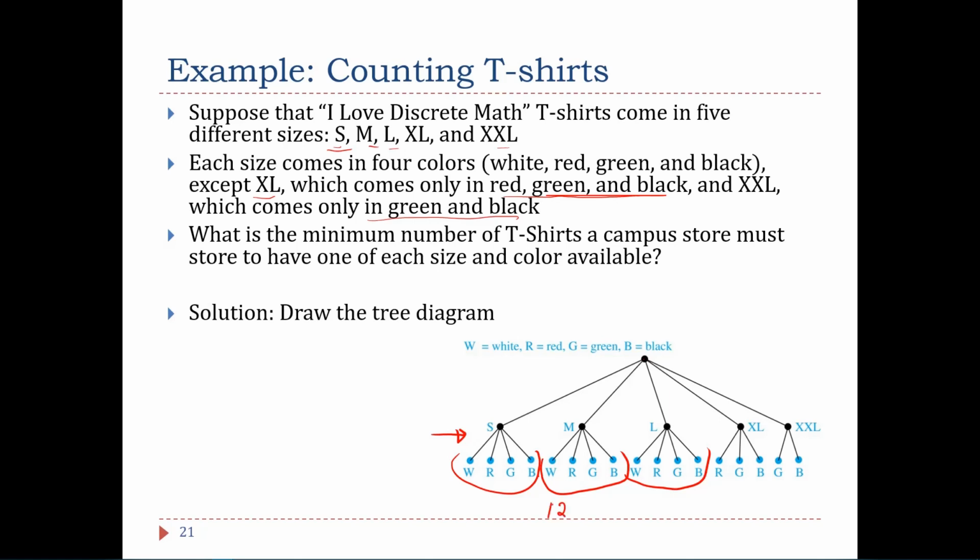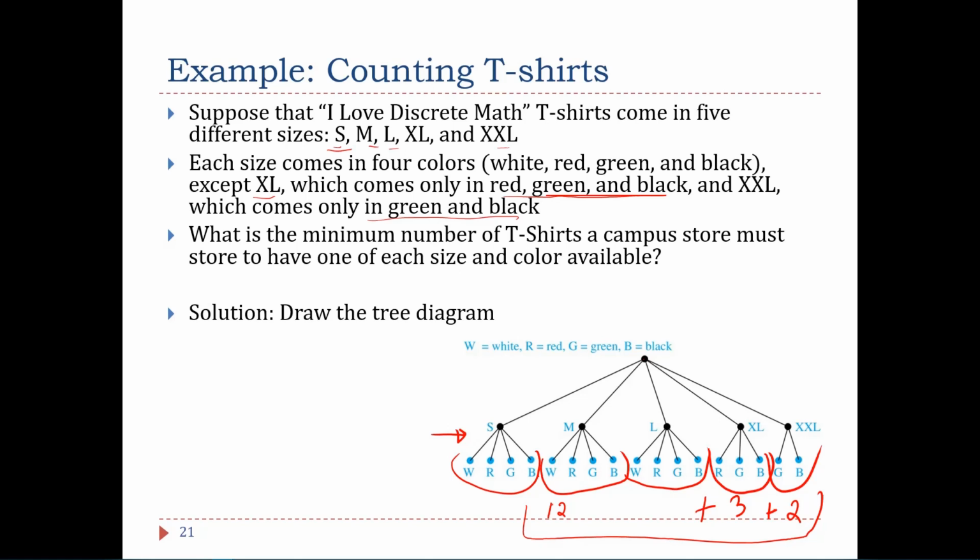But then with the union or addition rule, we can add those particular special cases where we only have three possibilities for the XL and two possibilities for the XXL. So clearly drawing the diagram will help you, but also you can do it by hand on paper without the diagram, just in case it's faster and clear for you.